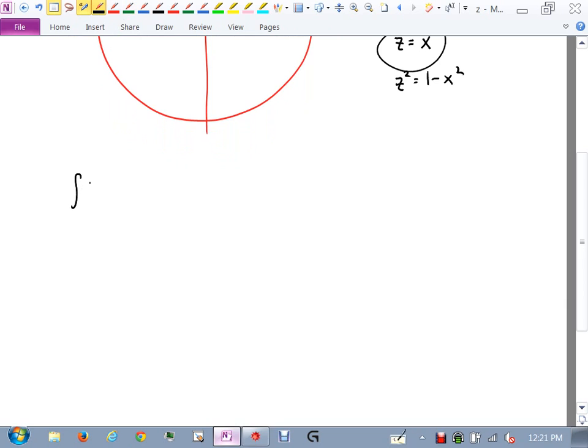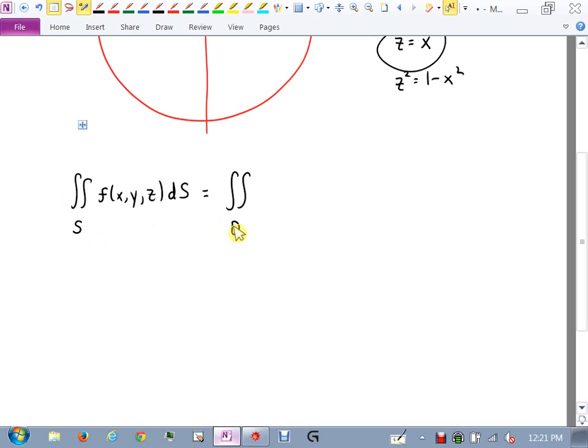So here's what we've got. We've got the double integral over S of f(x, y, z) with respect to surface area, which is equal to, this is turning into a double integral over D, where D is the restriction on my variables that draw S. Notice I'm changing from S to D because S is saying it's the surface.